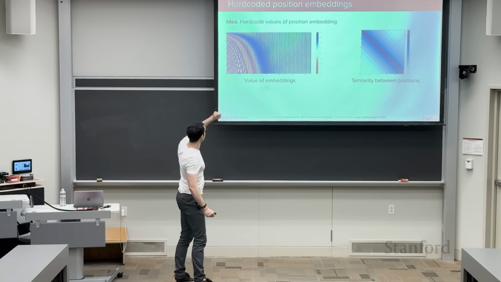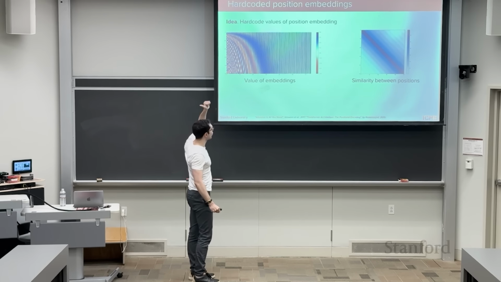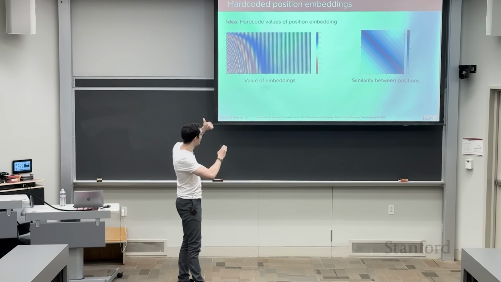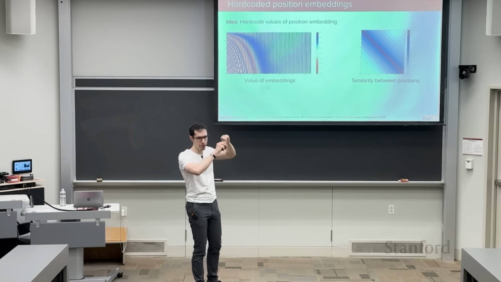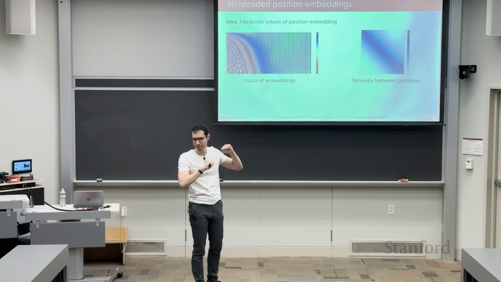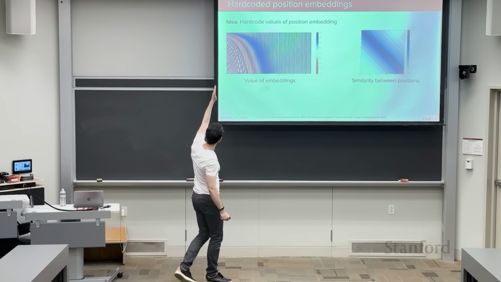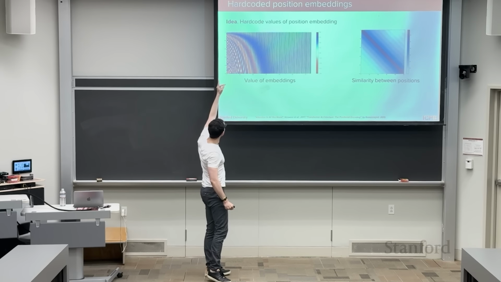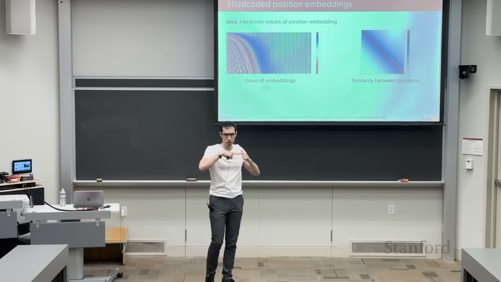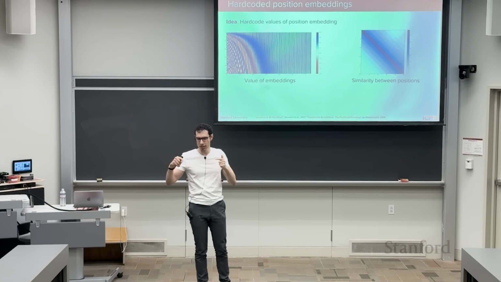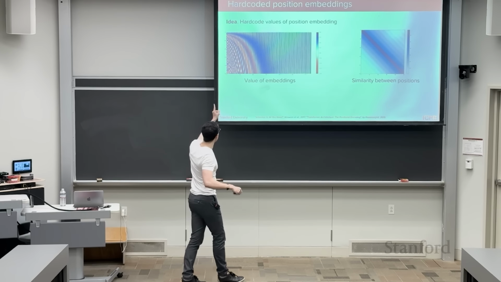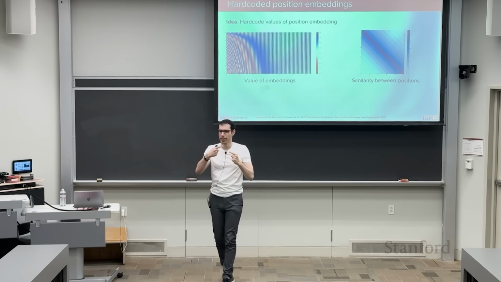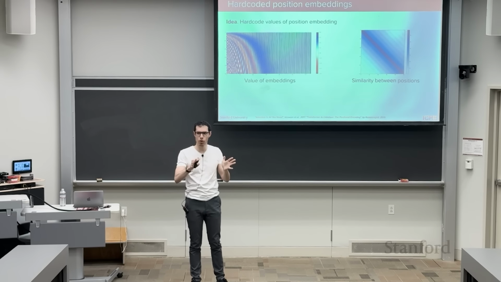If you take the first row, you're looking at position number 0, depending on how you index your vector, and all the values of the position 0 embedding. You see that for low dimensions, this value goes up and down very frequently, so it's high frequency. When the dimension is high, it takes a lot of time for the value to go up and down, so it's low frequency.